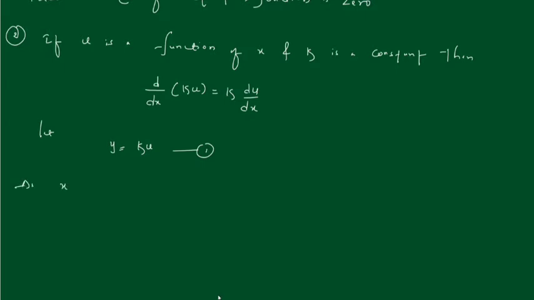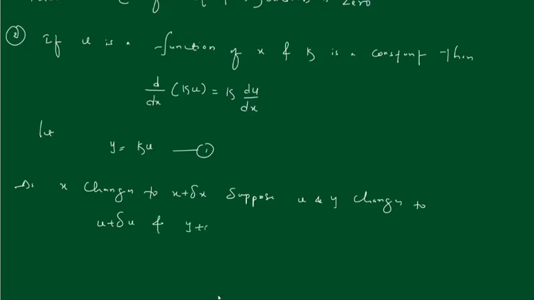As x changes to x plus delta x, that is a small increment or small change, suppose u and y change to u plus delta u and y plus delta y respectively, right?